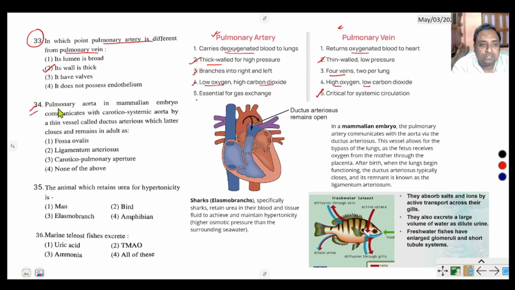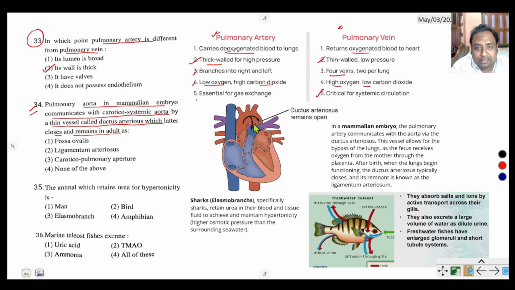Question number 34 says, the pulmonary aorta in mammalian embryos communicates with the systemic aorta by a thin vessel called the ductus arteriosus, which later closes and remains in adults. This is the ductus arteriosus, and this tube is connected with the placenta, through which the blood is transferred from mother to fetus.